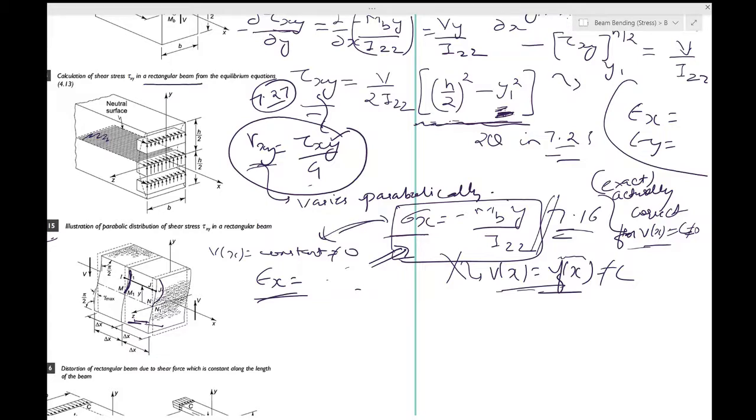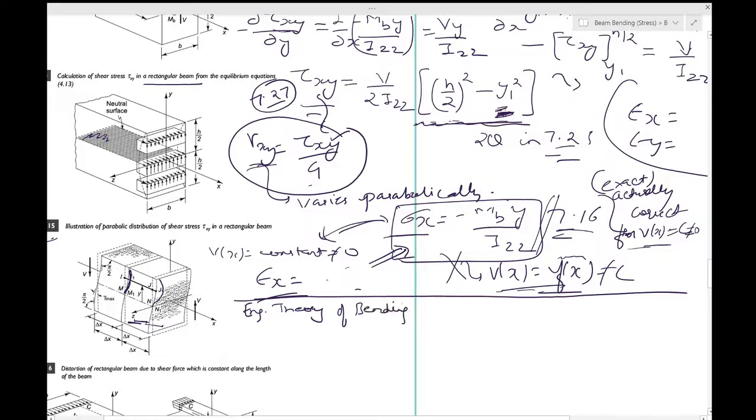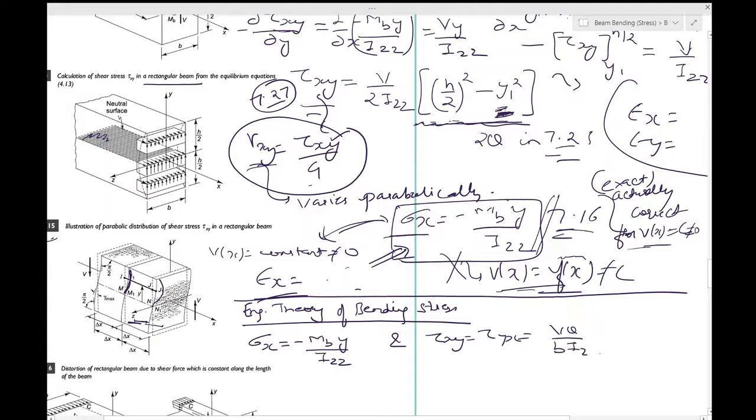This is sort of a summary of the engineering theory of bending stress. The stresses are sigma x equal to minus Mb y by Izz, and tau xy equal to tau yx equal to VQ by b Izz.